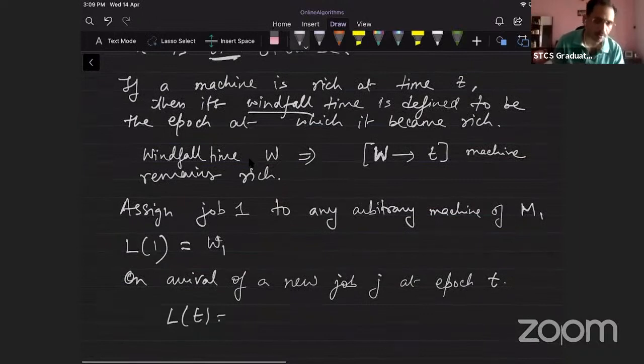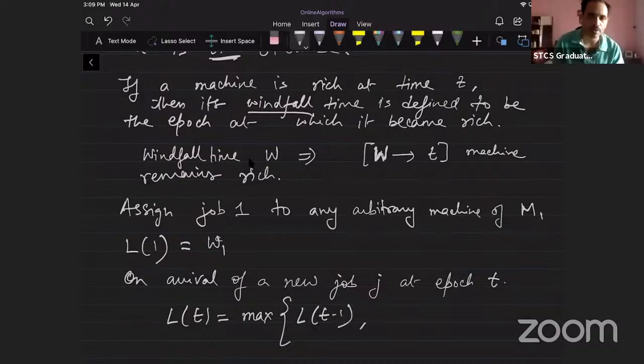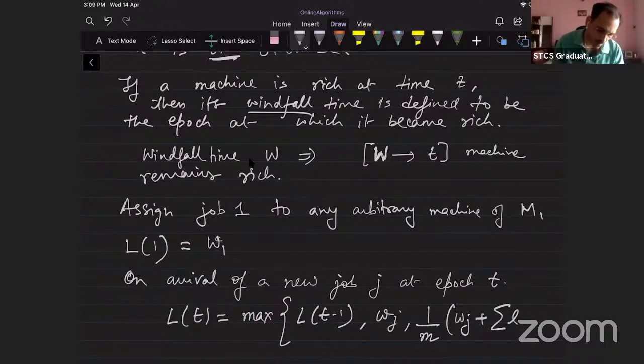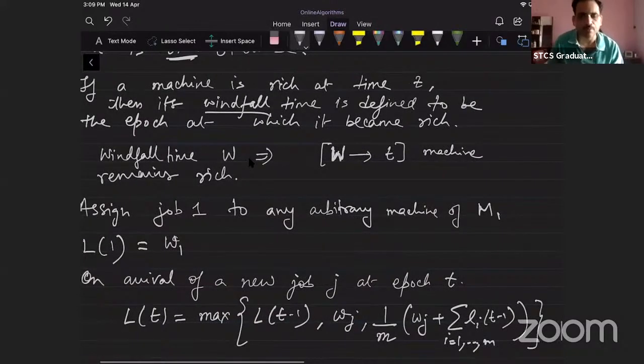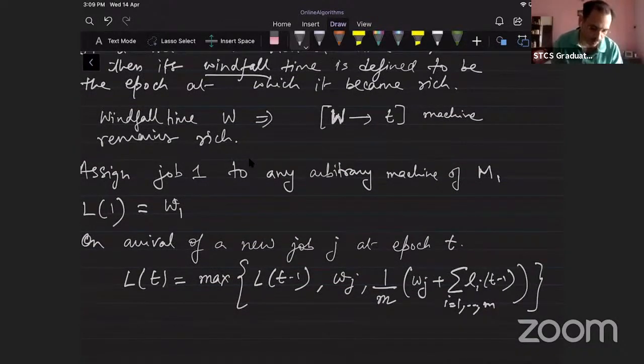L of t is going to be the max of three quantities: L of t minus 1, how much it was before, never go below that; the size of the newly arrived job Wj; and 1 by M times Wj plus the sum of Li of t minus 1, i from 1 through M. The last quantity is essentially the total weight in the system after Wj's assignment divided by all the machines, so this is the average load per machine.